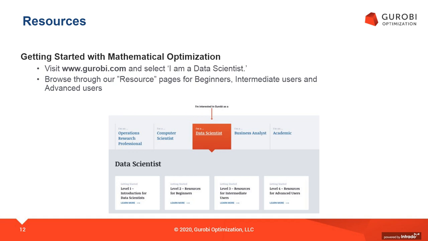It can take you from how to formulate a model, how are different things described in the best way mathematically, and to our resource pages, how can you write a certain constraint in Gurobi, all the way to our community forum where you can ask questions to a general public, as well as our support team that is also available.